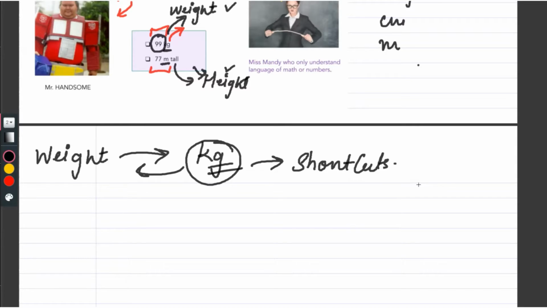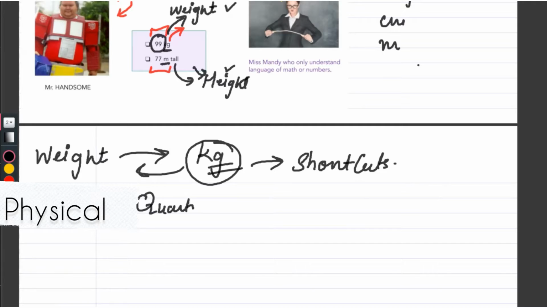Now the same thing happens with all the physical quantities which you have learned in your physics classes. They have shortcuts, a specific unit which will tell us which quantity we are talking about.